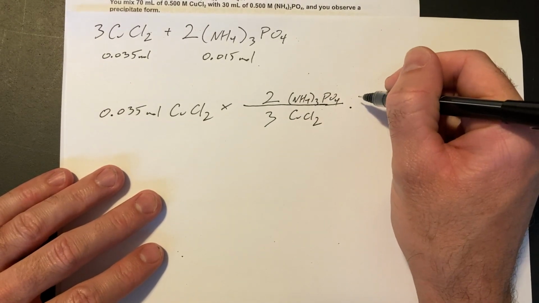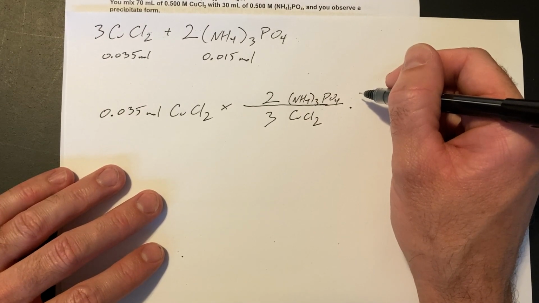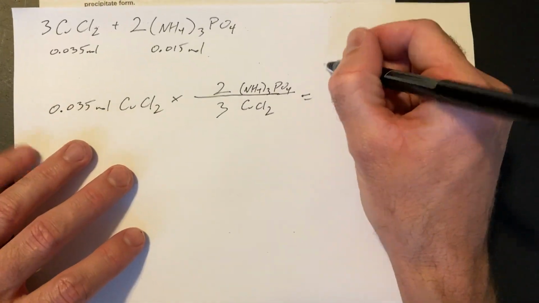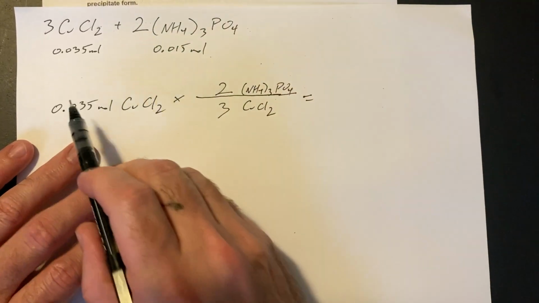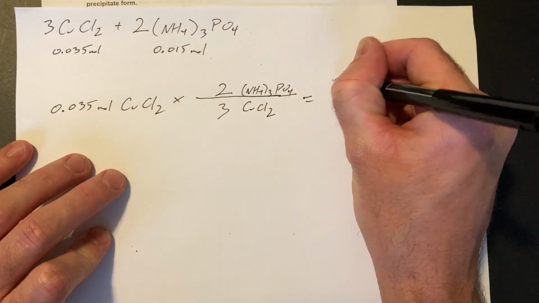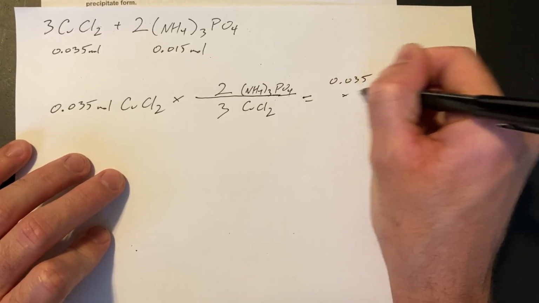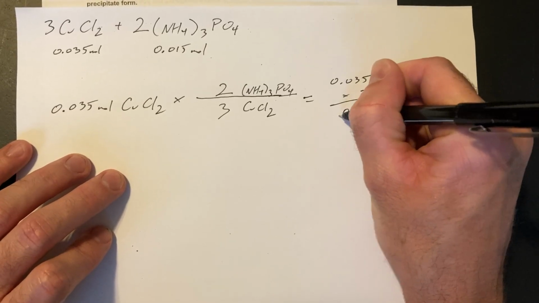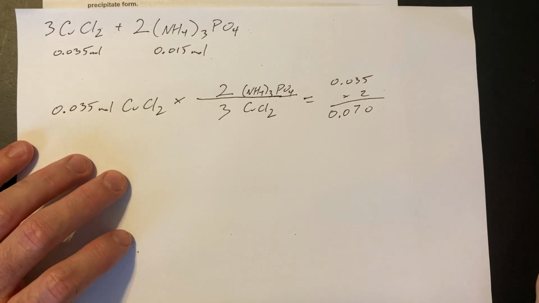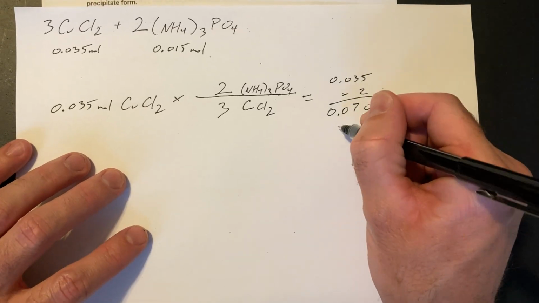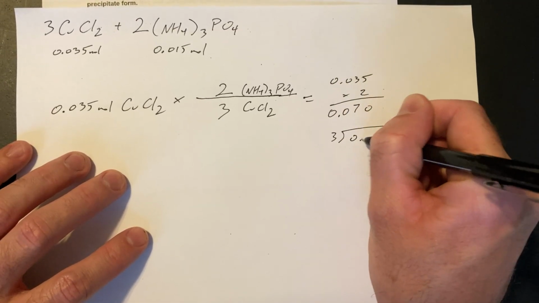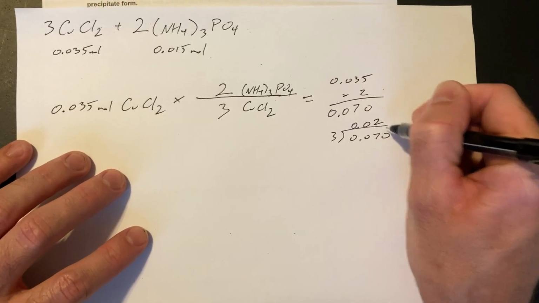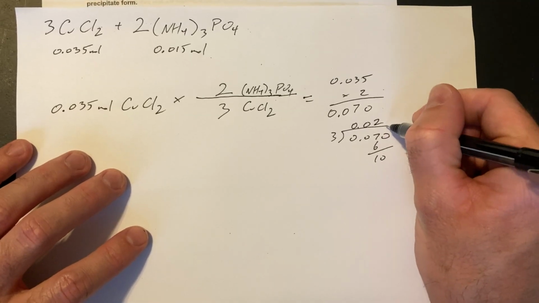Solve that, and let's see. I did not do this math ahead of time, so I'm going to have to do it cold right here. So I'm taking 0.035 times 2, which is 0.070. All right, 0.70. Easy. And now I've got to divide it by 3. I haven't done long division since who knows when.